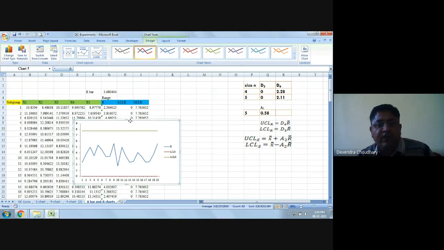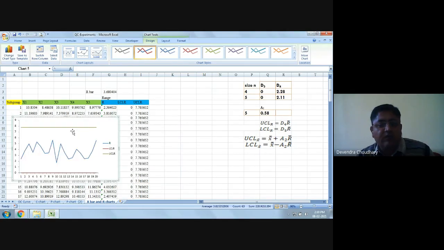If any value falls above the upper control limit, then this R chart will not show control, and in that case that observation will be deleted from these 20 subgroups, and we recalculate the R bar value for the remaining subgroups, and we repeat this process till we get an R chart in control as shown here.